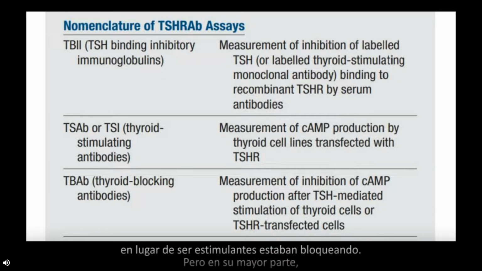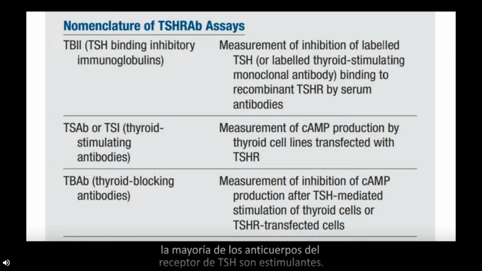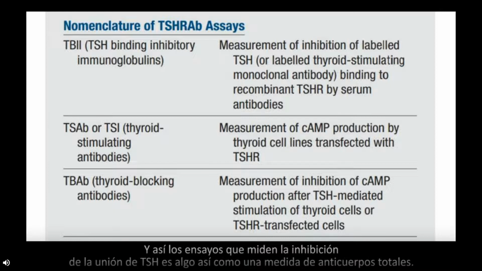But for the most part, most of the TSH receptor antibodies are stimulatory, and so the assays that measure the inhibition of TSH binding is kind of like a total antibody measure.